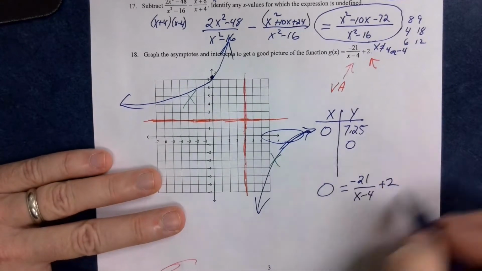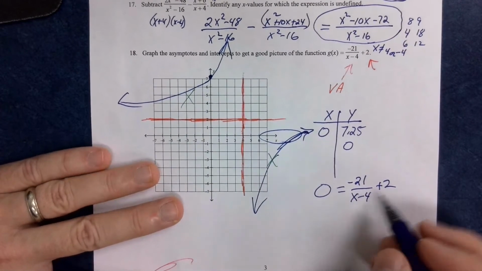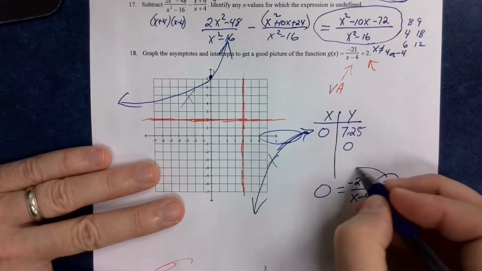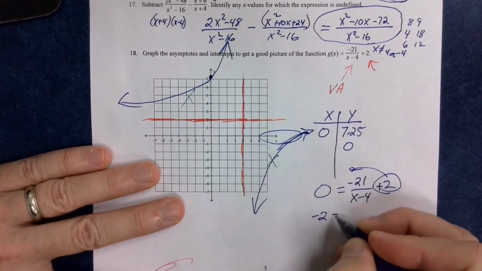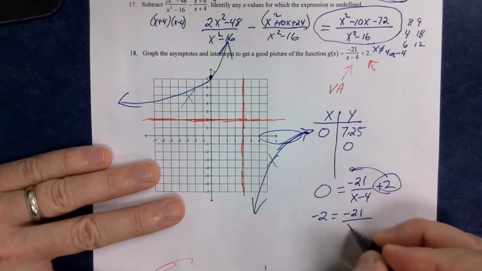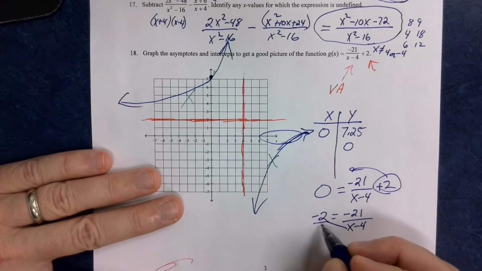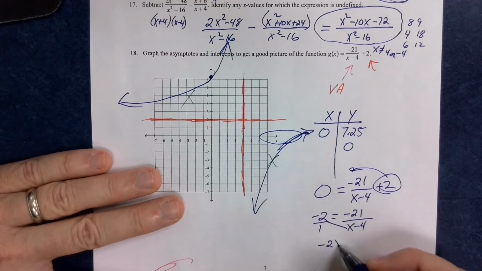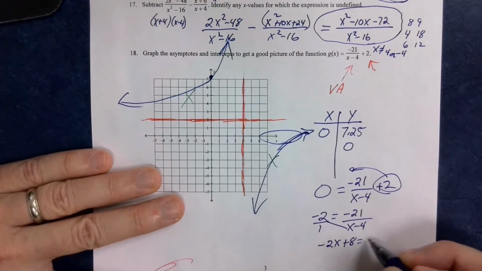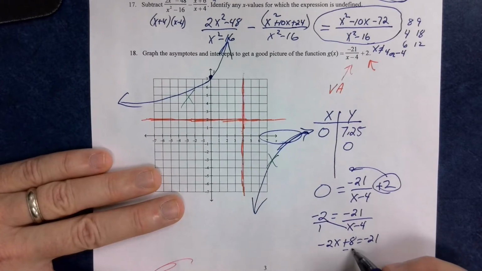When I solve that equation for x, my first step is to move that to the other side. So I get negative 2 equals negative 21 over x minus 4. Cross multiply, right? Negative 2x plus 8 equals negative 21. Subtract 8.